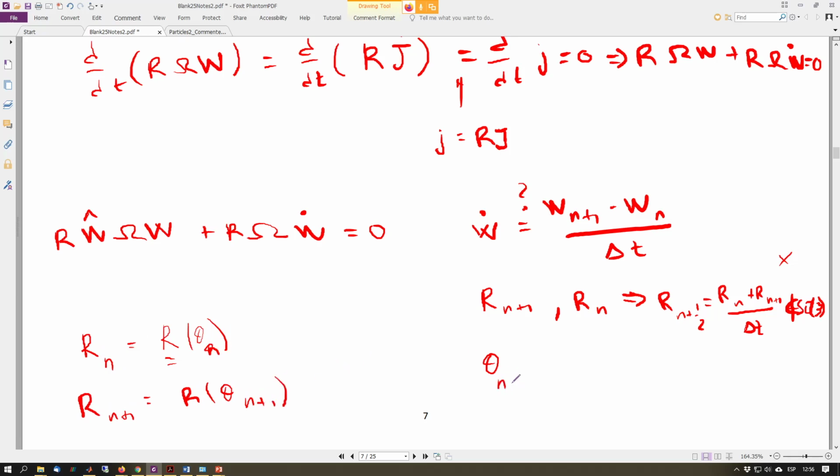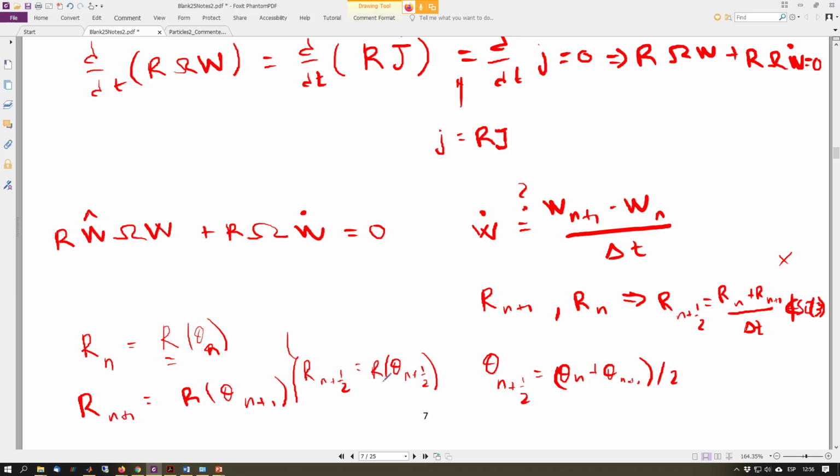So what I might do is, having quantities defined at different times, do the average here, and then have R at n plus 1/2 not defined like this, but as a rotation at theta n plus 1/2.